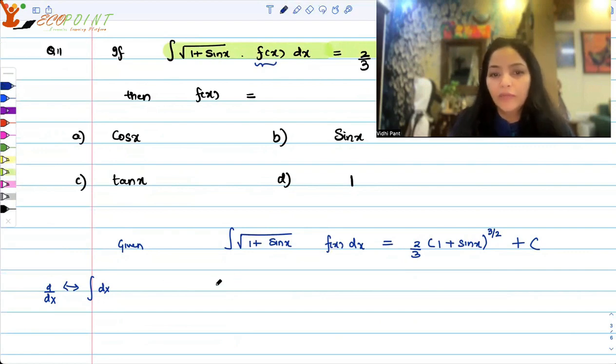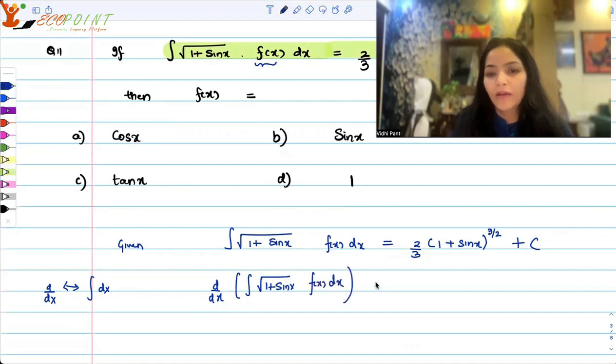Which basically means I take d by dx of this entire integral of square root of 1 plus sine x f(x) dx, because we have equality here, so you'll be taking the derivative on both the sides.